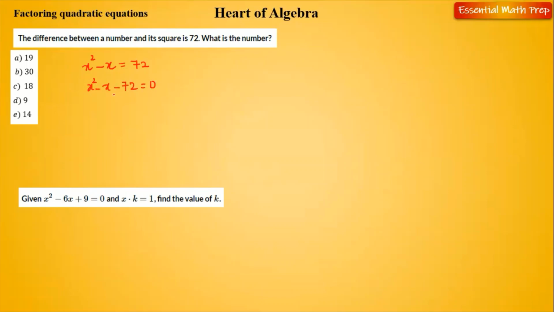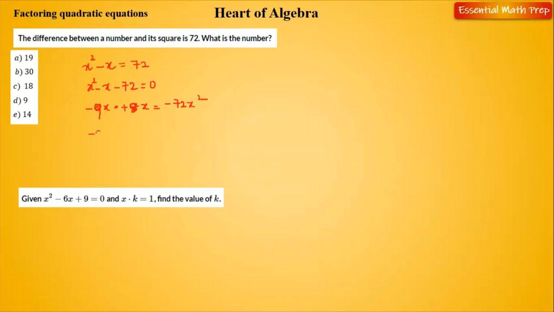So how do we get negative 72? Well, we also should only get x. So that means negative 8x times positive 9x should give you negative 72x squared.